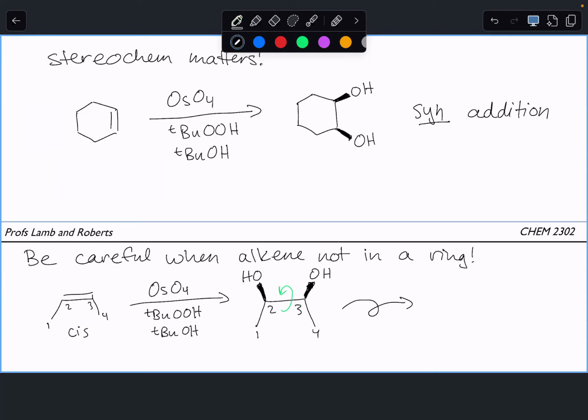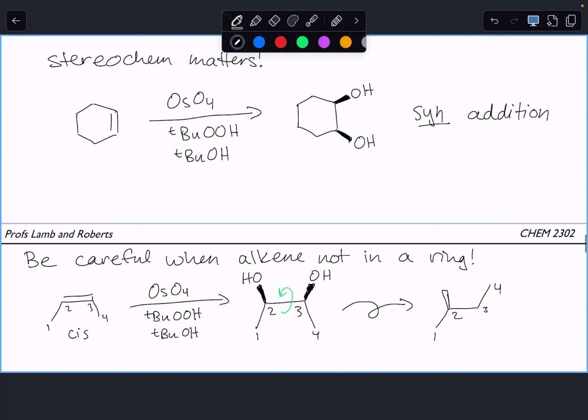If I were to rotate this molecule such that my backbone is in a different orientation, you can see how I went from this more cis orientation to this more trans orientation. My stereochemistry would then be up on the 2 carbon and down on the 3 carbon. These 2 molecules are the same. All I did was rotate about that center bond, which I know can be difficult to visualize.